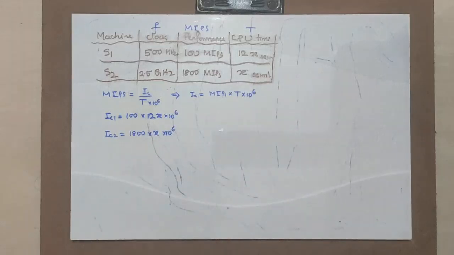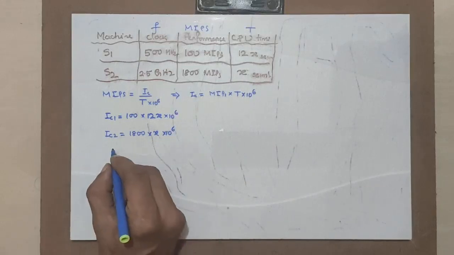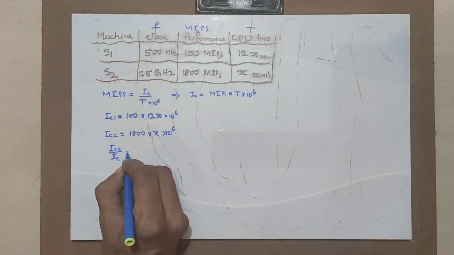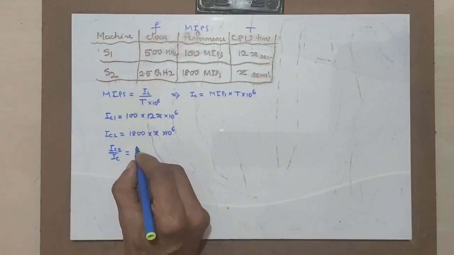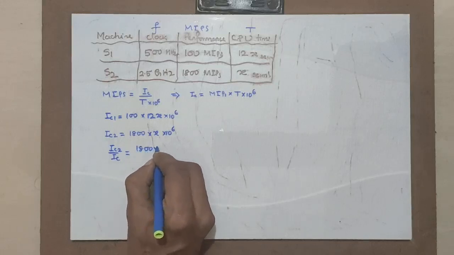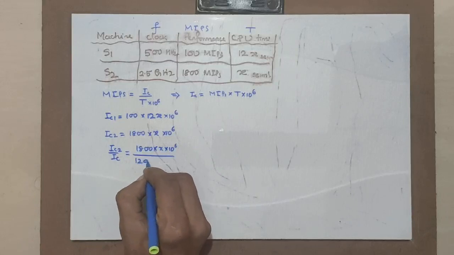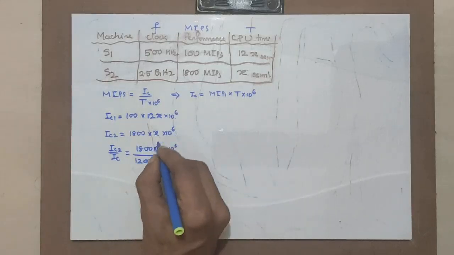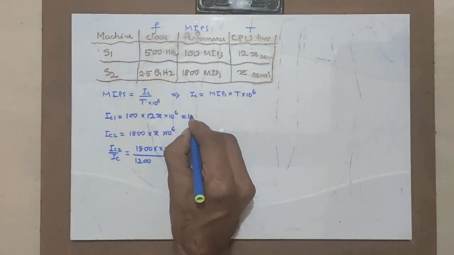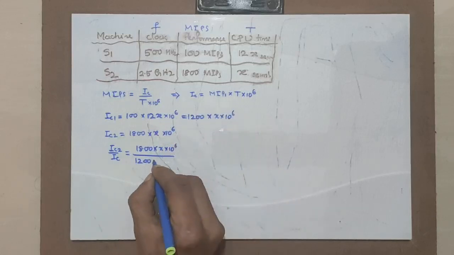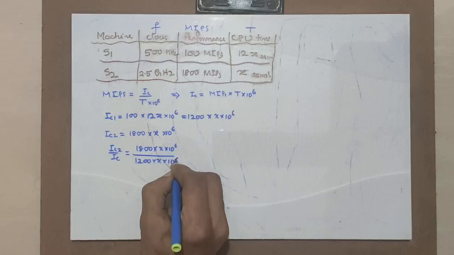Now if you see the instructions count for the second machine, IC2 divided by IC1, that is 1800 into x into 10 raised to 6, whole divided by 1200 into x into 10 raised to 6.